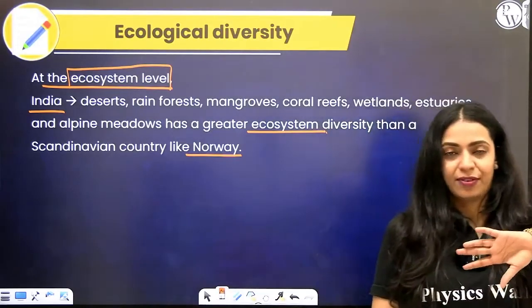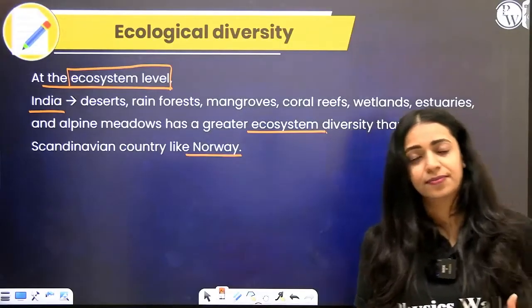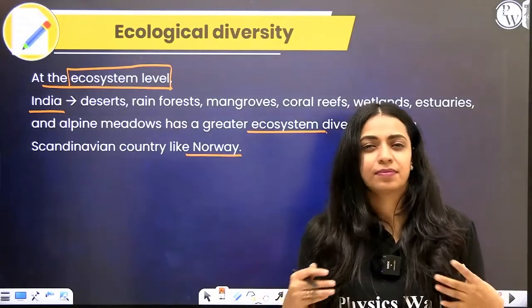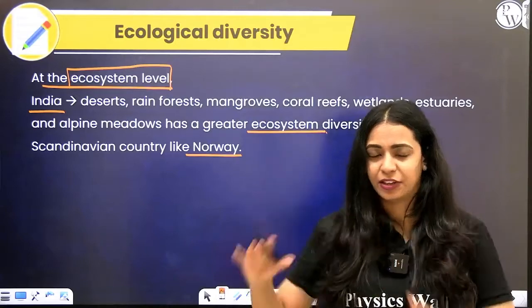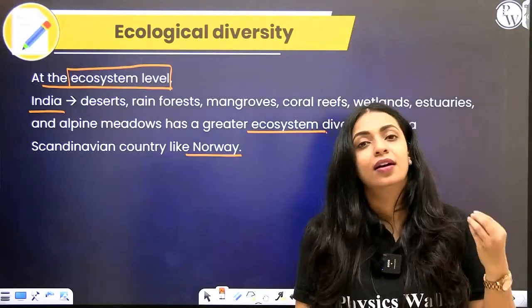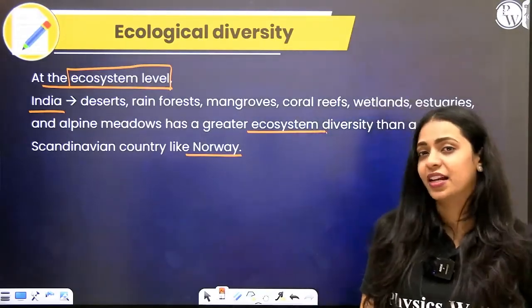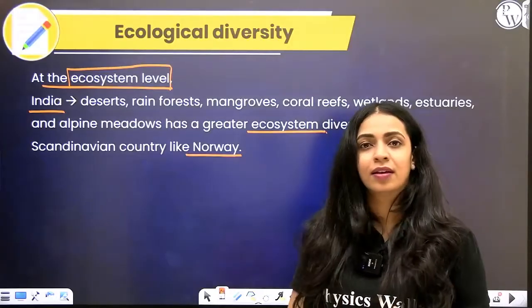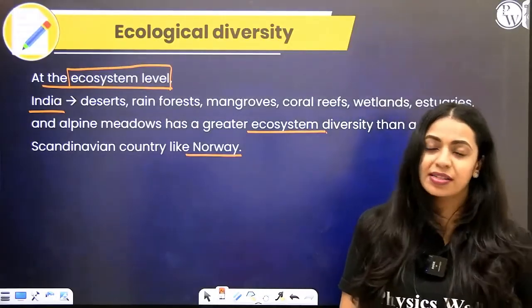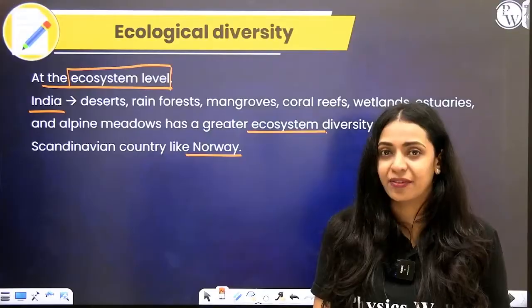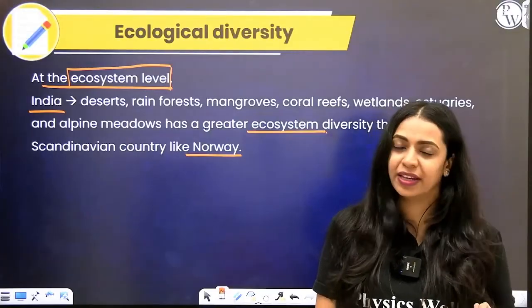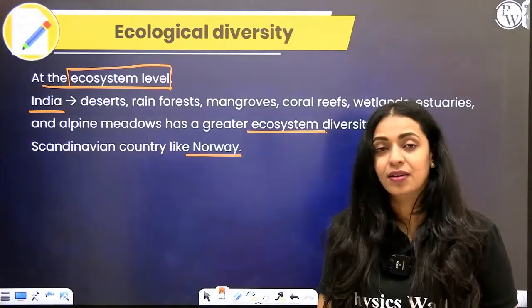The ecosystem diversity is very great because India is, for the most part, in the tropical region, right? Whereas when you consider a Scandinavian country like Norway, over there also you have forests, but the ecological diversity is much lesser compared to India.